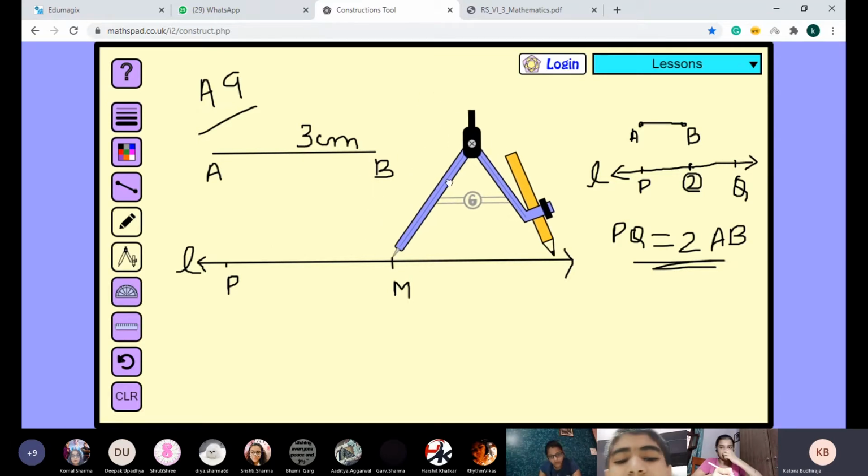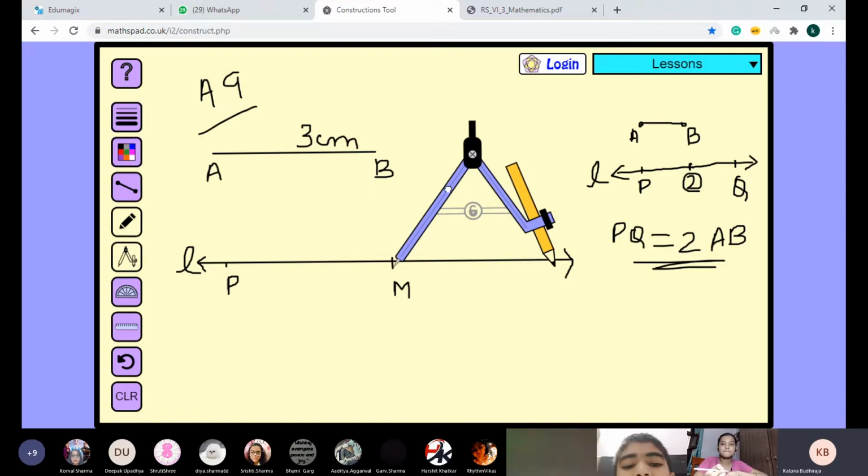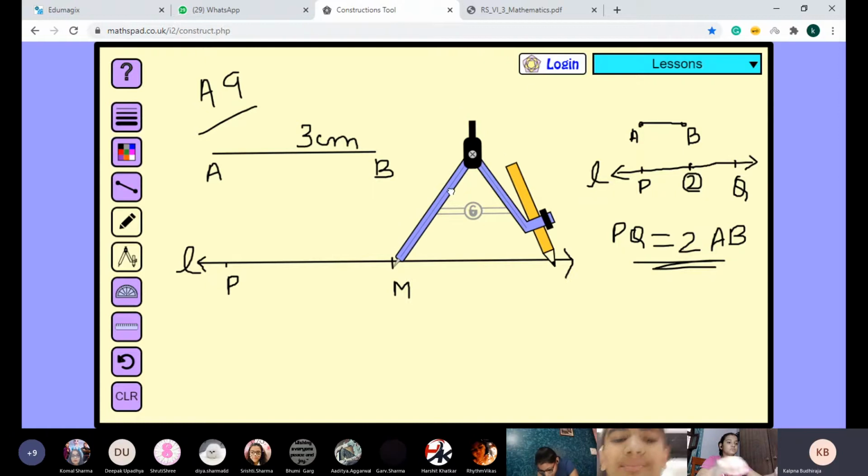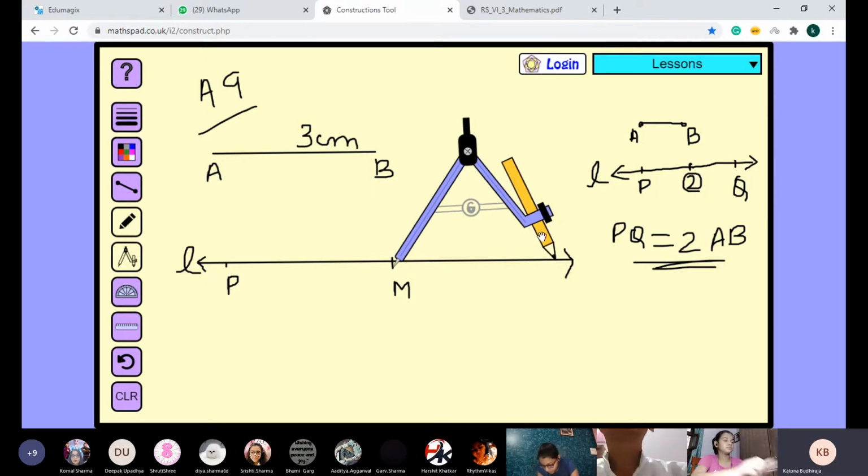Now place the compass needle on point M. Okay, so here, let me just place it. Yes, so this needle is on M. This needle is on M and pencil is here.